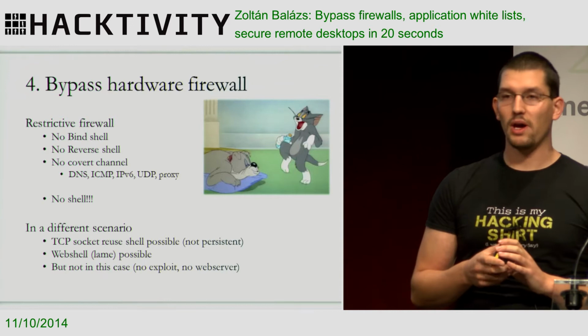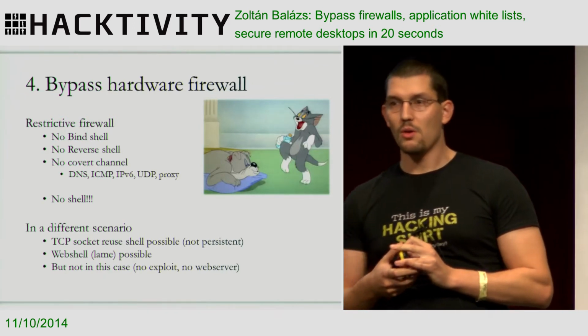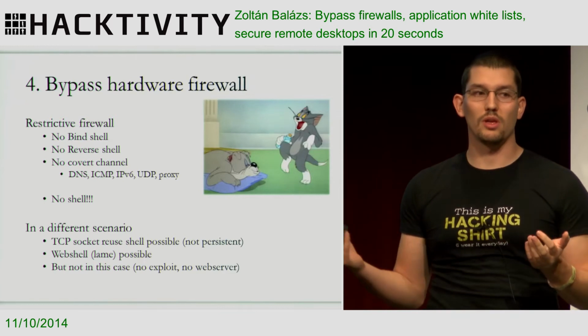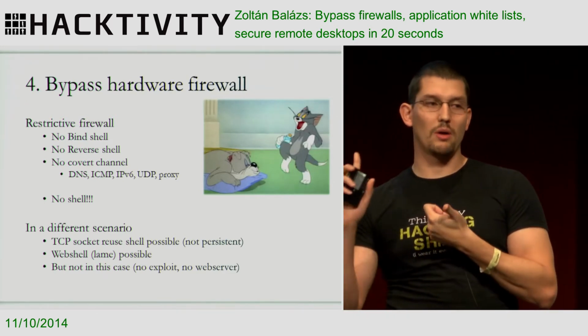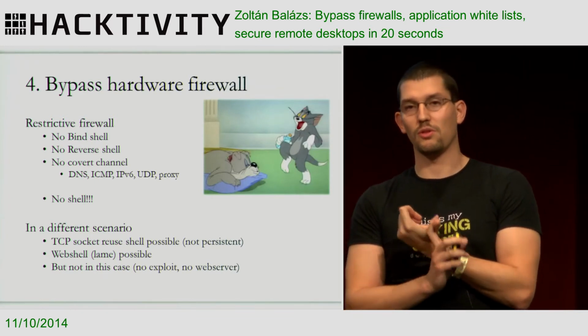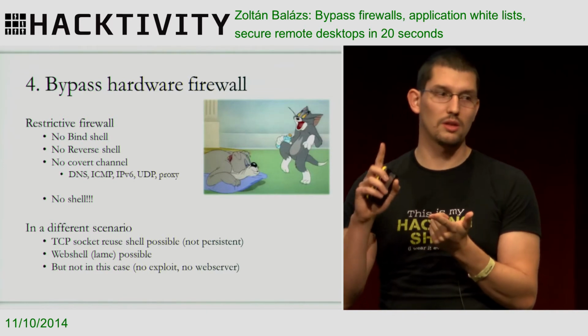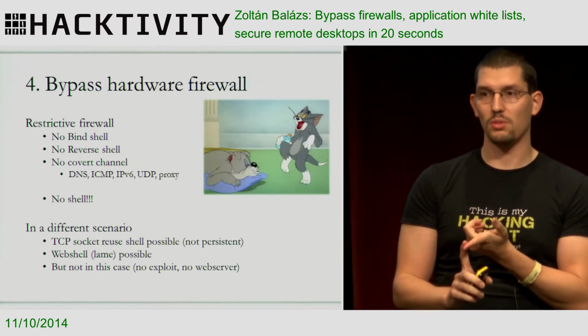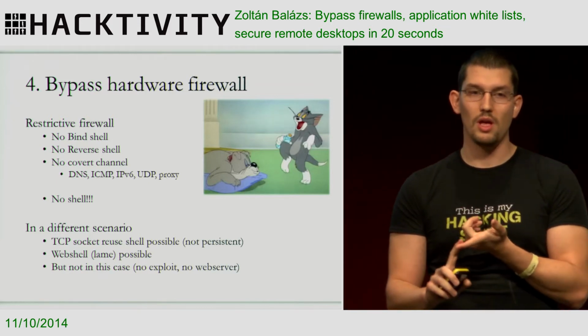Now I have to find a way to bypass the hardware firewall. Because it is so restrictive, I am not able to connect to it via bind shell, because the firewall will drop the incoming connections. I cannot use any reverse shell, because again the firewall will drop all my reverse connects.